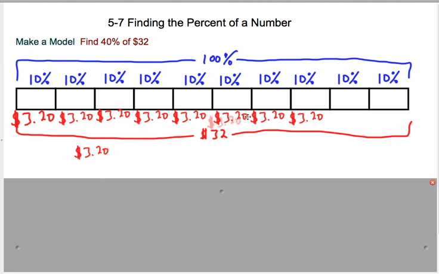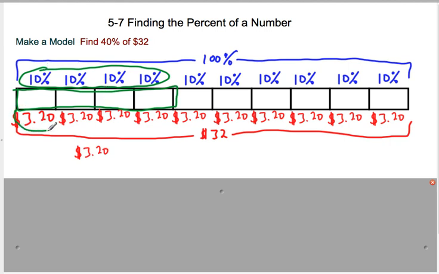And so if we want to find 40%, we just need to talk about 4 of the rectangles. So 2, 3, 4. If we just want to talk about these 4, then we'll get 40%. And so all we'd need to do is add up 3.20 4 times, or multiply $3.20 times 4, and we'll get $12.80.